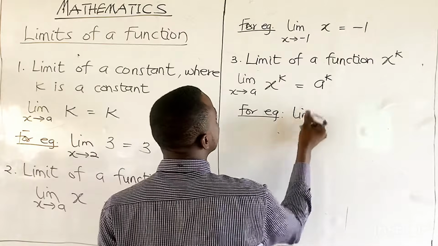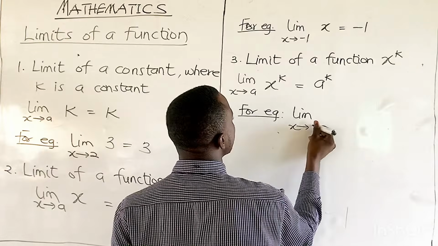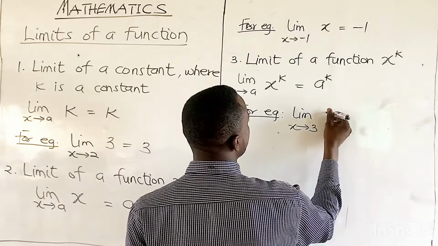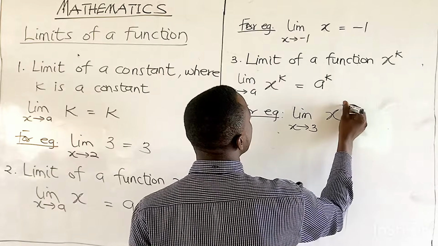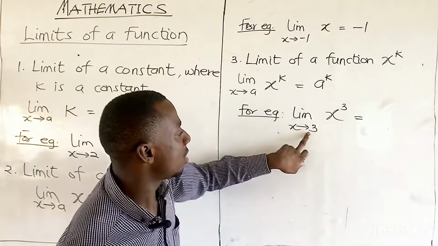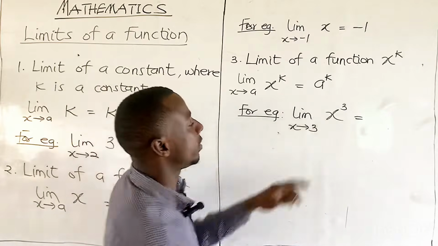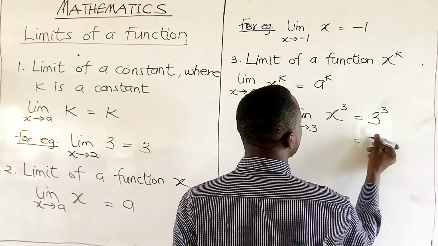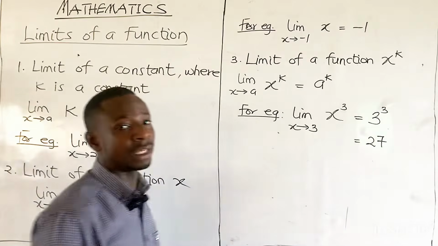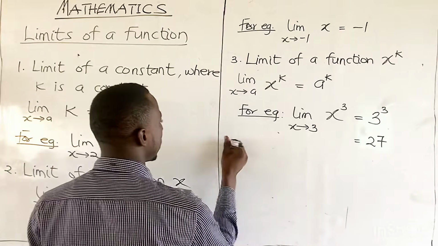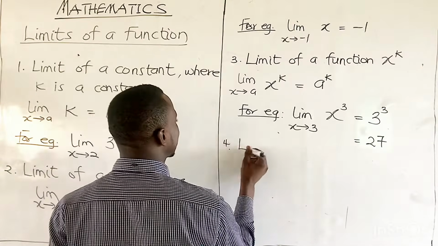We have limit as x approaches 3 of x to the power 3. It is approaching 3, so I'll put 3 here. So I have 3 exponent 3, and that will give me 27 to be the final answer.